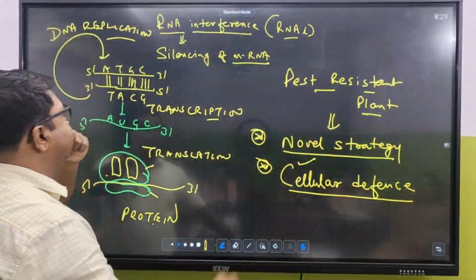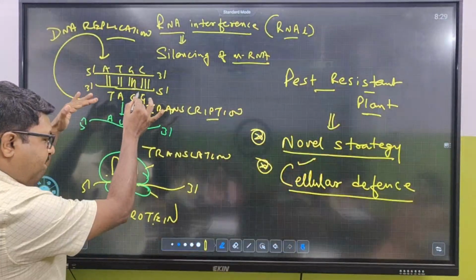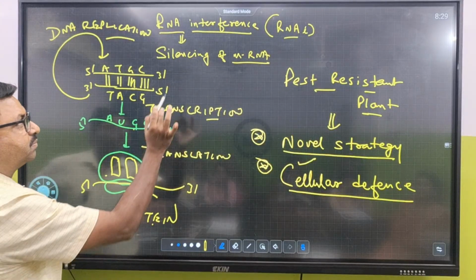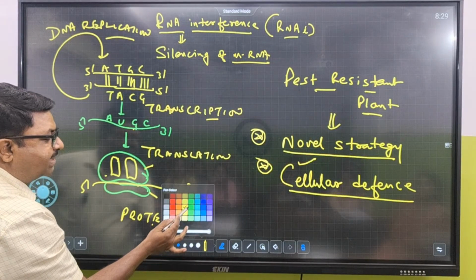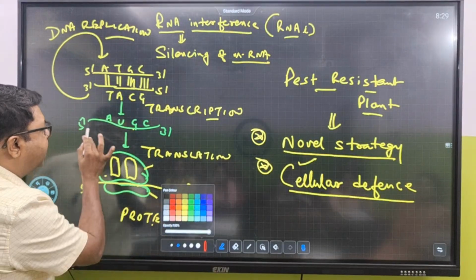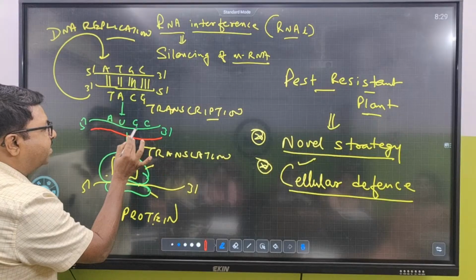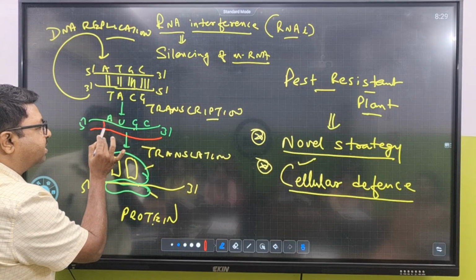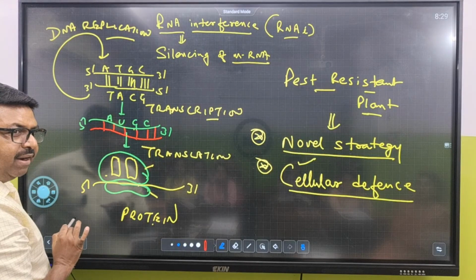How? First understand, in this whole concept, RNA interference means you are interfering with the RNA. You are making this mRNA double-stranded.